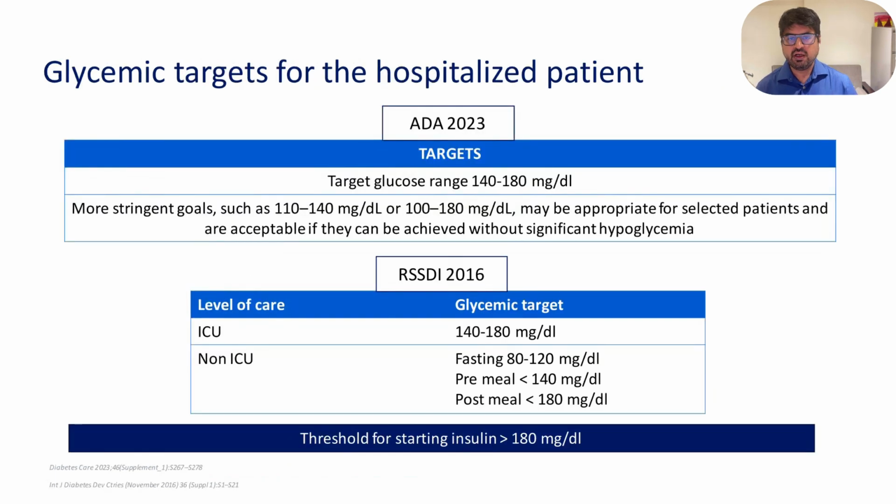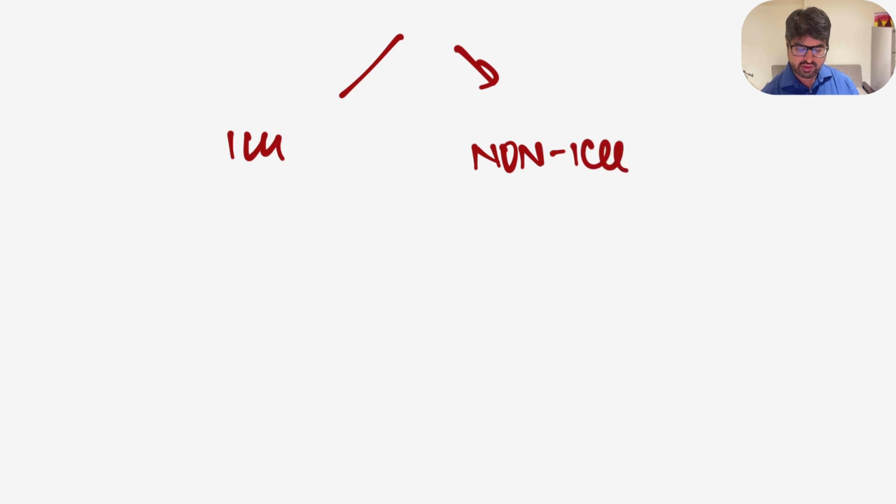Okay, now the next important concept you have to understand is what is the target, right? So what should be the ideal blood glucose control? We'll discuss in two situations. One is in the ICU setting, in critically ill patients, and the other is the non-ICU setting. Currently the recommended target in ICU patients is 140 to 180 milligram per deciliter.